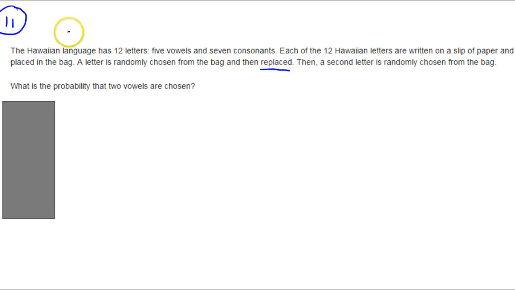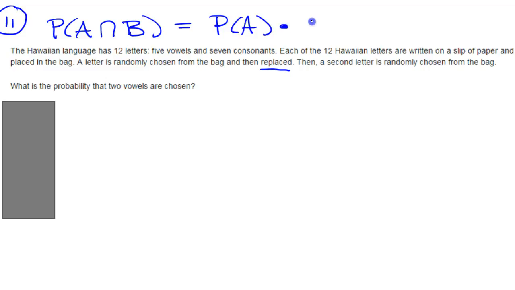That's important because if we want to find the probability of two events happening and they are independent, then we can use the multiplication rule for independent events. The probability of event A and event B happening when they are independent is the probability of event A times the probability of event B.